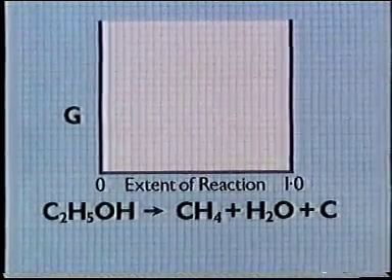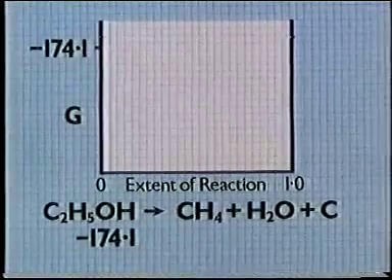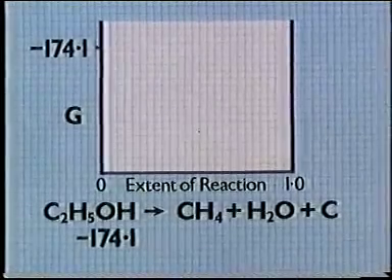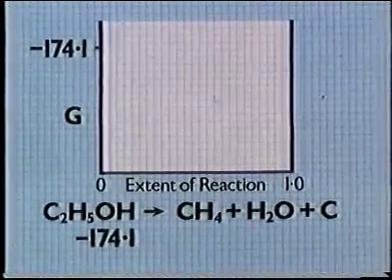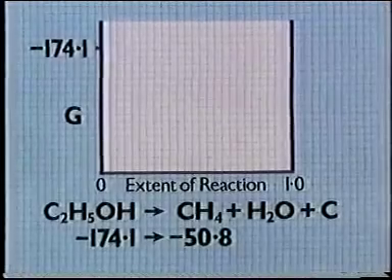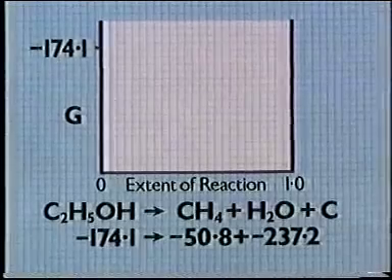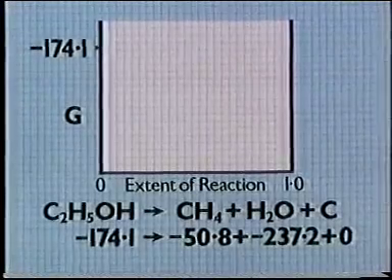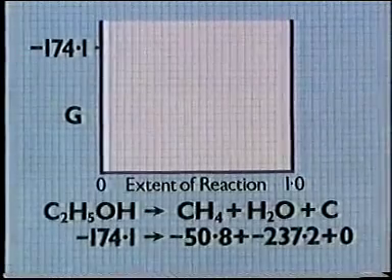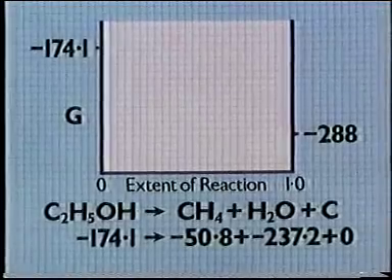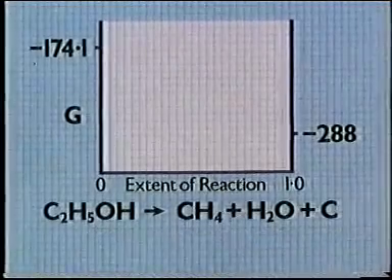Here, the G0 value for the reactant ethanol is minus 174.1 kilojoules per mole. G0 for the products is minus 50.8 for methane, plus minus 237.2 for water, and 0 for carbon. A total of minus 288 kilojoules per mole.